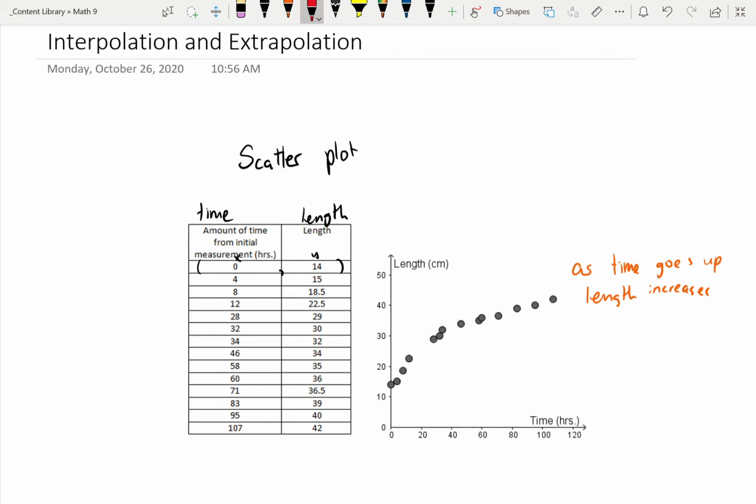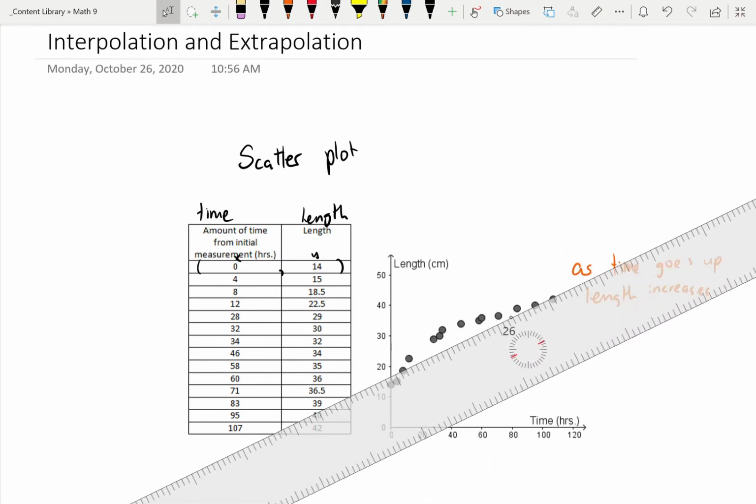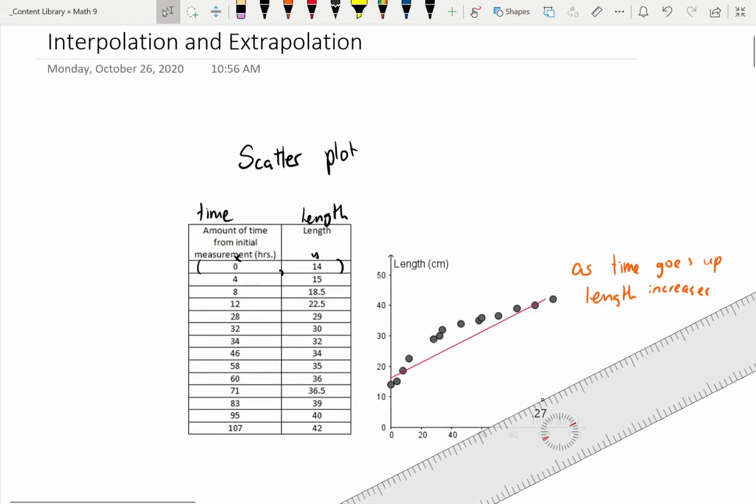But one of the things you can notice is that if I get a ruler and draw kind of a line approximating going through, I might do something like this. This is what's often known as a trend line or a best fit line.